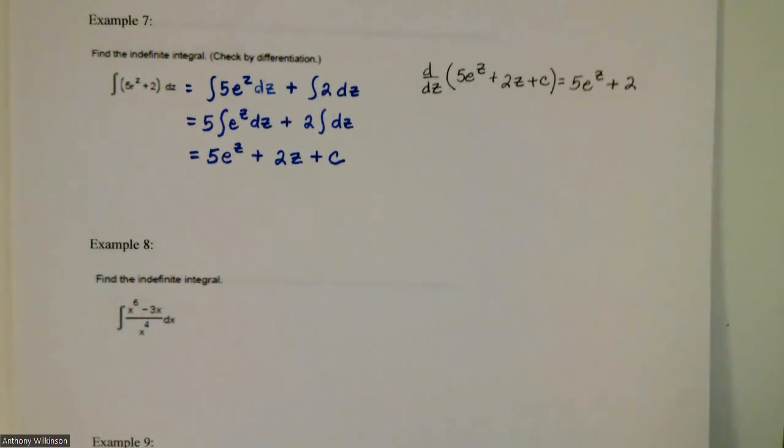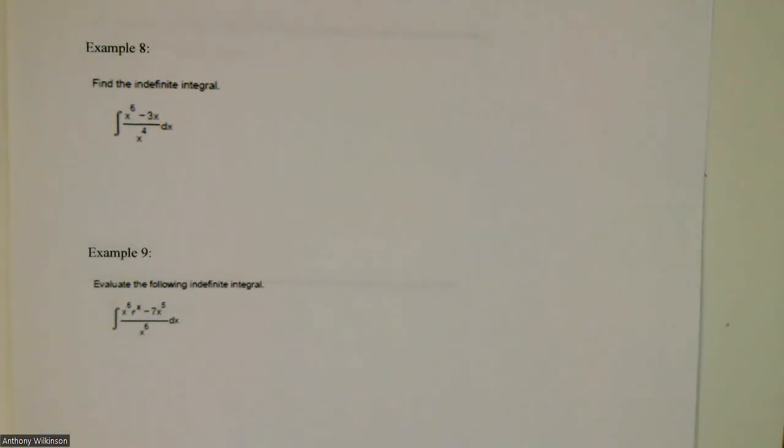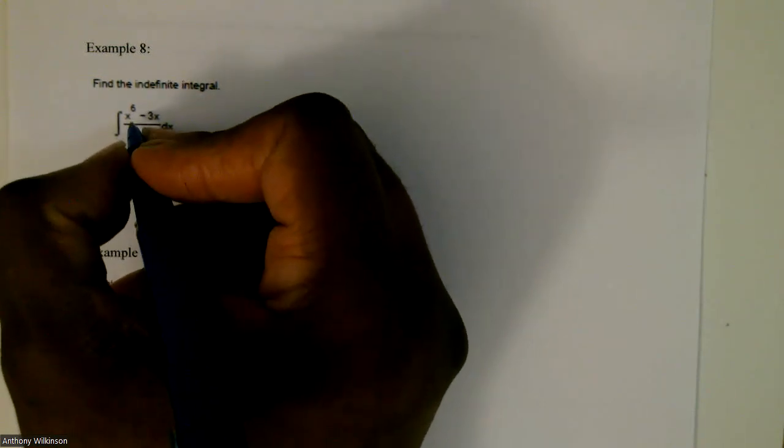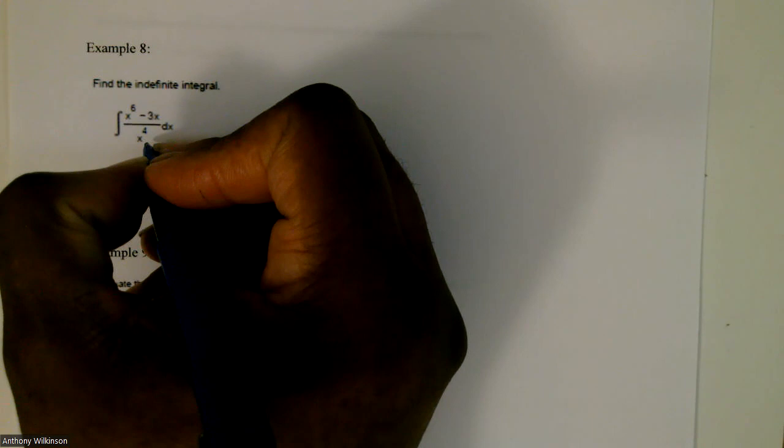All right, now let's look at example 8. This one's a little bit different. Here we're finding the integral of x to the 6 minus 3x divided by x to the 4th dx. What we need to do here is apply a rule where we take each term in the numerator and divide it by the term in the denominator.